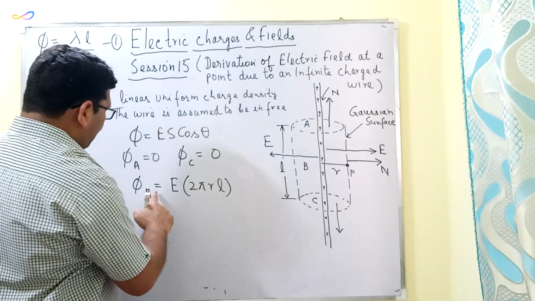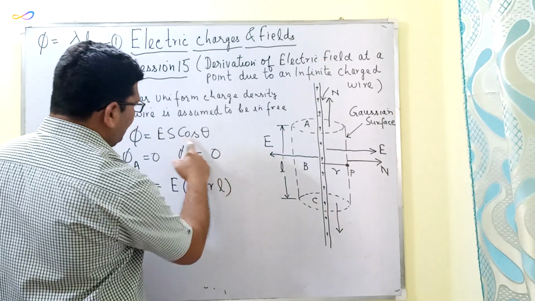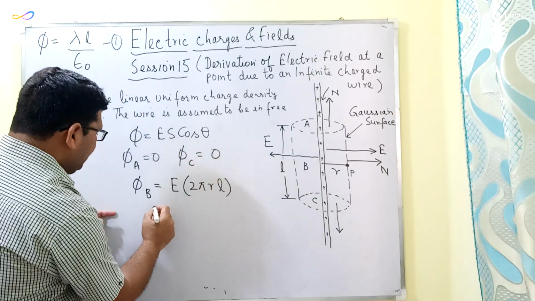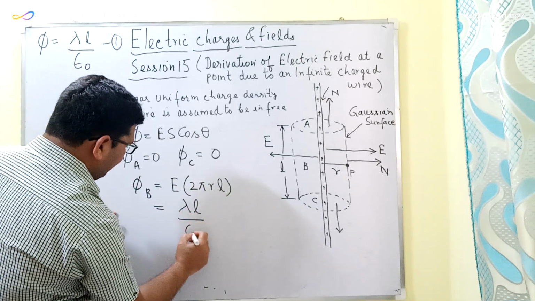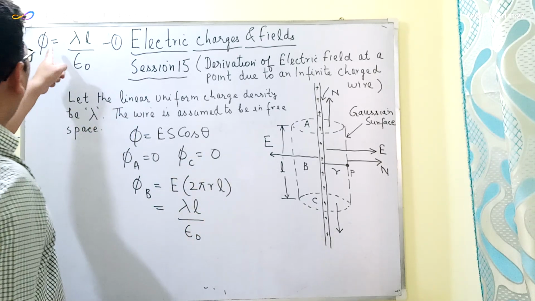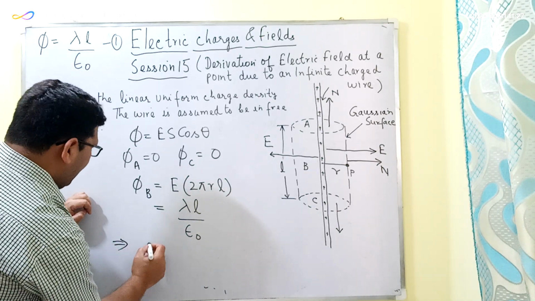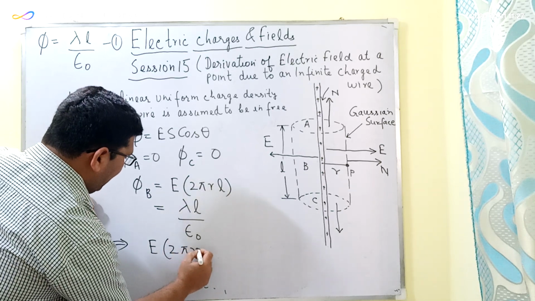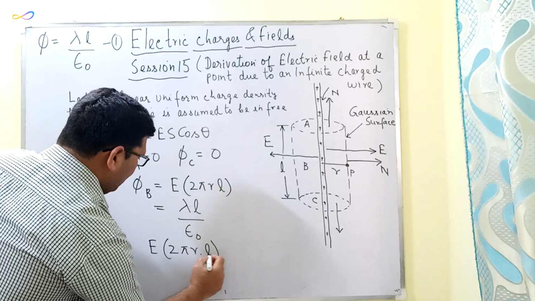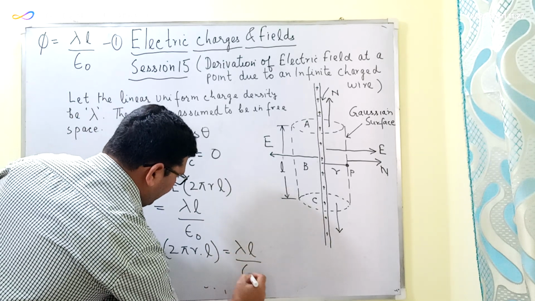So phi, that is the flux through this curved surface, will be equal to E into 2 pi r L into cos 0, which is equal to 1, and this is equal to lambda L upon epsilon naught from equation 1. So we can say that E into 2 pi r L is equal to lambda L upon epsilon naught.